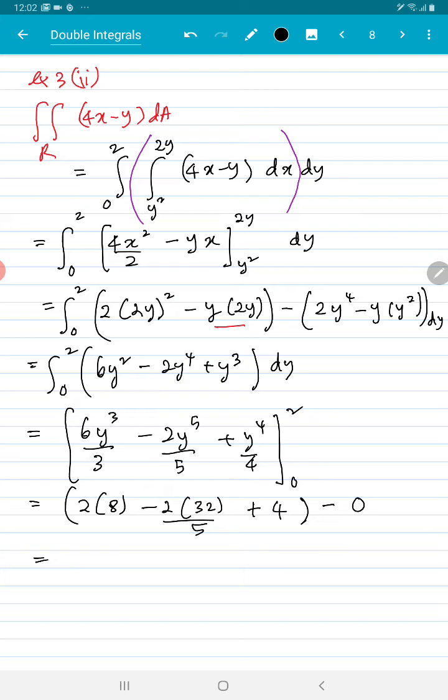So that will give us, hang on, 2 times 8 is 16, and then minus 64 over 5. Right, so that will give us 36 over 5. So that is the answer for number 3, item 2.